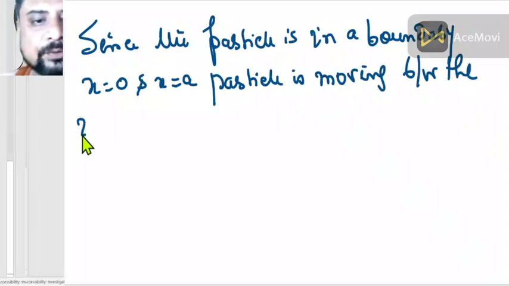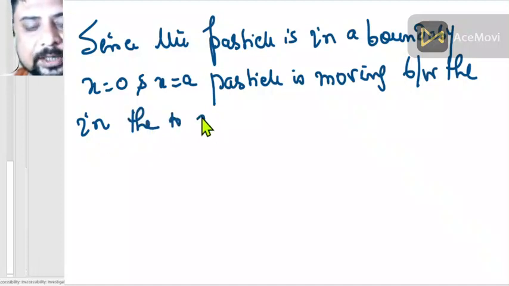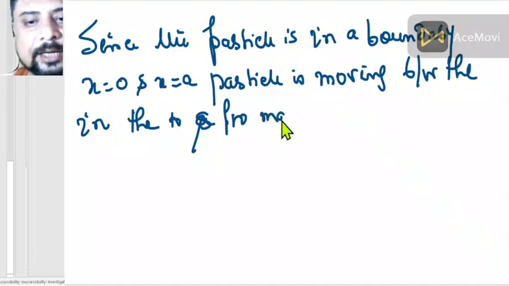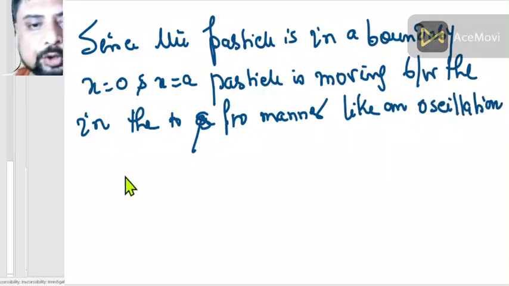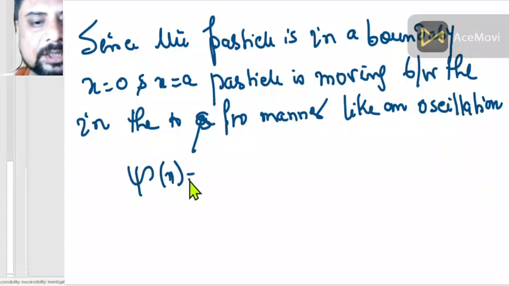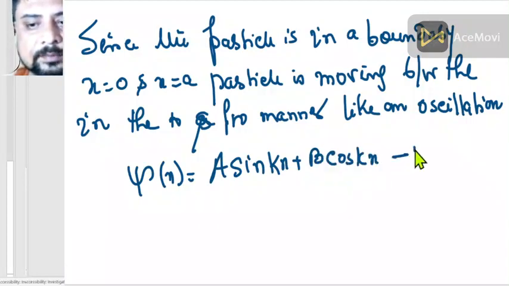that is defined by x equal to 0 and x equal to a, and as I told you in the classical example, the particle is moving between the walls in a to and fro manner. I am describing this in the most simple way, in the to and fro manner, like an oscillation.